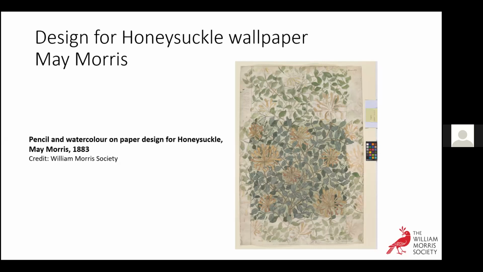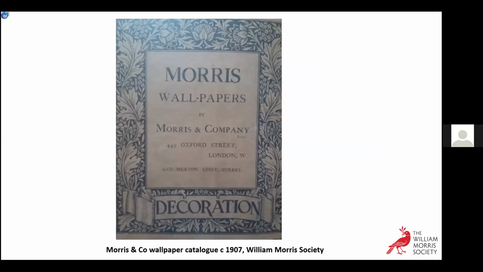So Morris then had conventional wood blocks hand cut by Barrett, and in 1864 Morris approached the established wallpaper manufacturer Jeffrey and Company of Islington to hand print his papers.